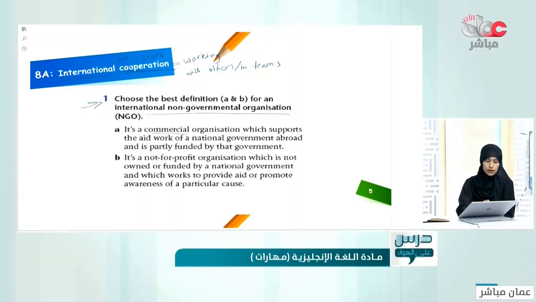So is it a commercial one that gets money, which supports the aid work of a national government, only national, abroad, a national government that works abroad and is partly funded by the government? Is it funded by the government? Yes or no? The other definition says it's a not-for-profit, or we can say non-profit.